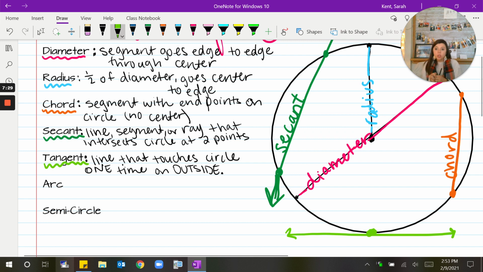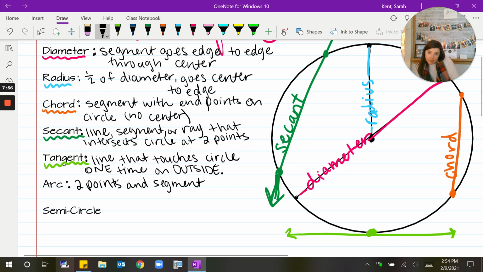And then we have two that are arcs or curves. So these are going to be on the curve of the circle. So an arc is 2 points and a segment on the circle.